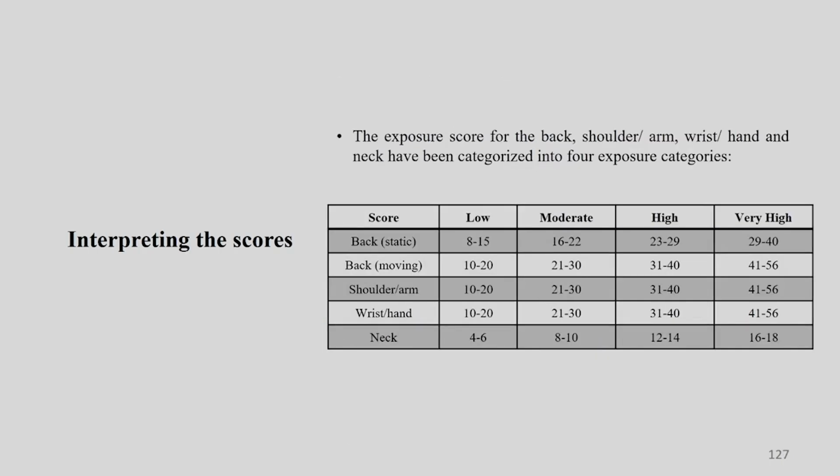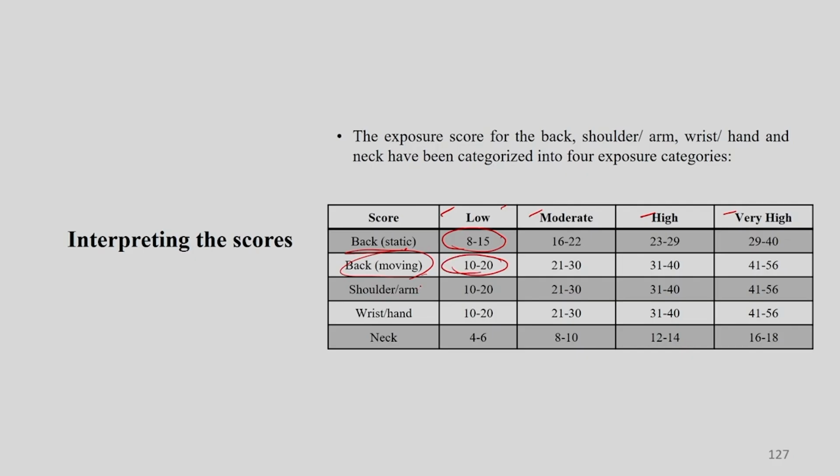The exposure scores for the back, shoulder, arm, wrist and neck have been categorized into 4 exposure categories: low, moderate, high and very high. So you have all these scores, and if the score is between 8 and 15, that means the back is static and the risk is low. Whereas if the back is moving, then also if the score is like this, the risk is low.